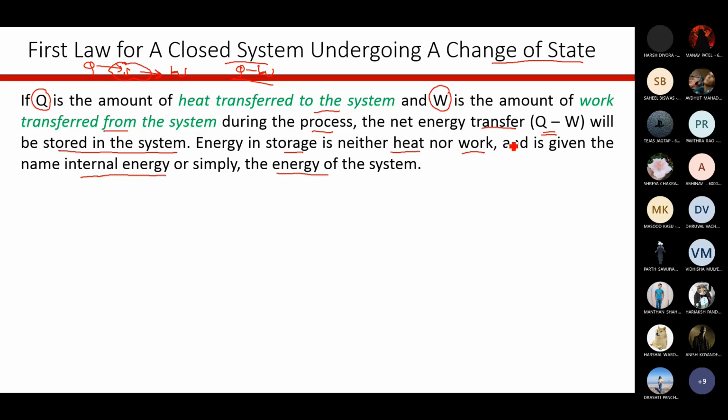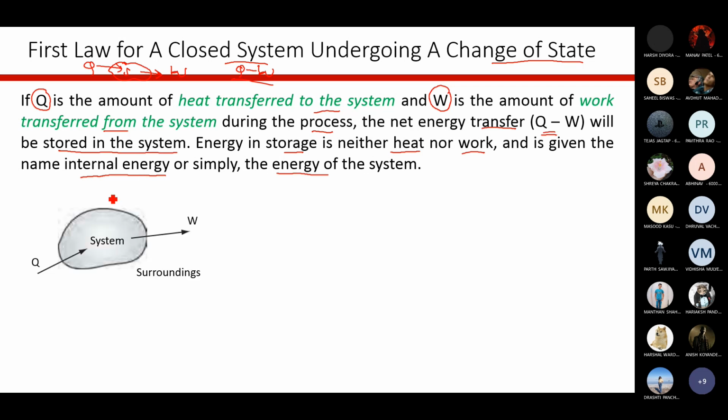So this net difference between heat and work for a closed system, when Q is supplied and W is taken out, that Q minus W difference is nothing but the internal energy of your system, and it is neither heat nor work. Remember this. Even though we are taking the difference of Q and W, the quantity represented by Q minus W is not heat or work here. So it is called simply the internal energy of the system.